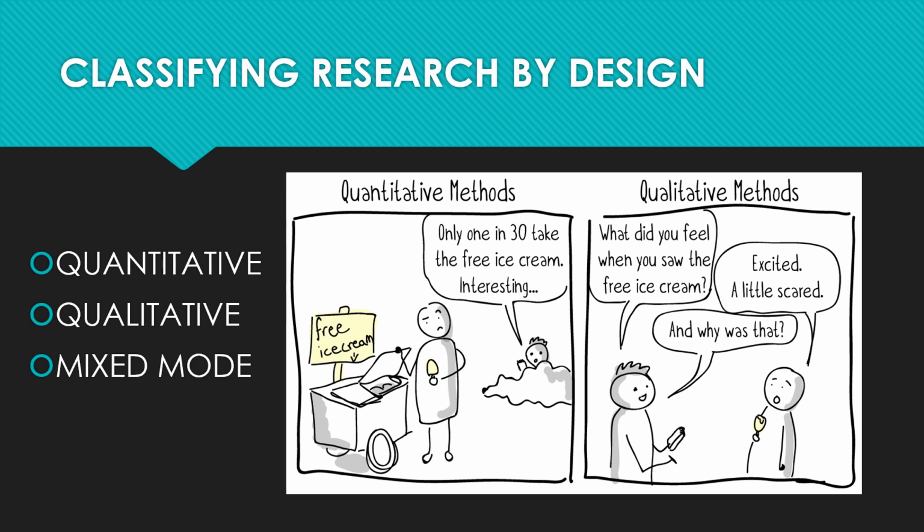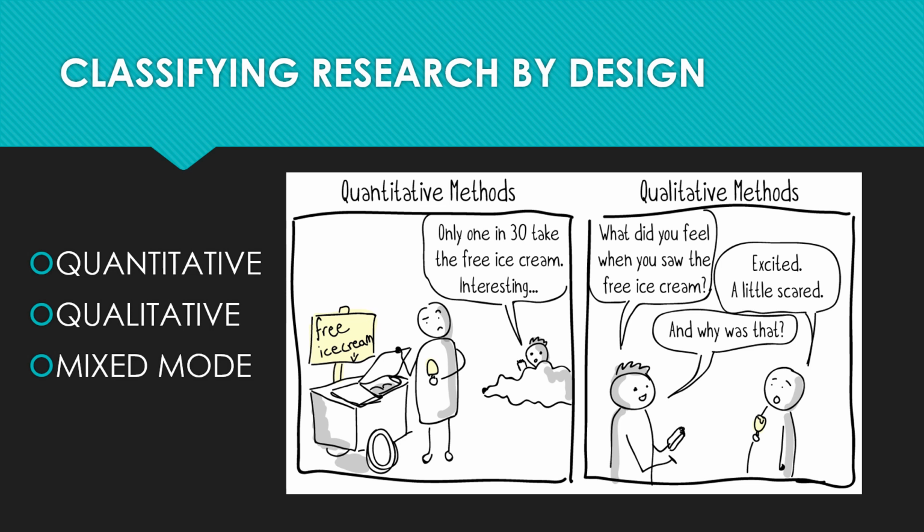Now, the other classification that we can do for research is by design. When we talk about this, there are popular categories: quantitative methods and qualitative methods, and the other one is mixed mode. As you can see here, quantitative methods focus on the quantity, on the numerical factor.